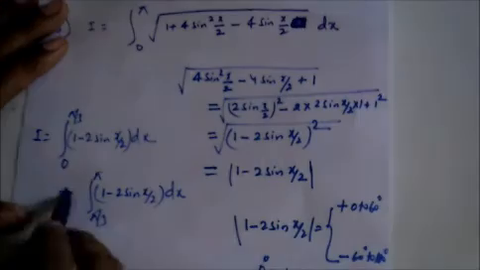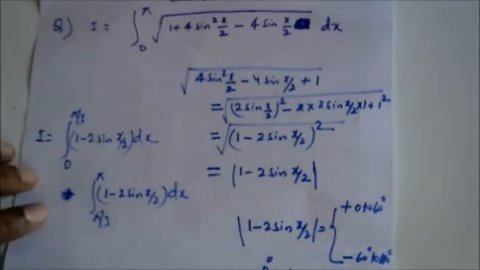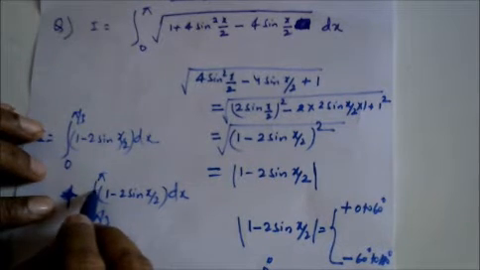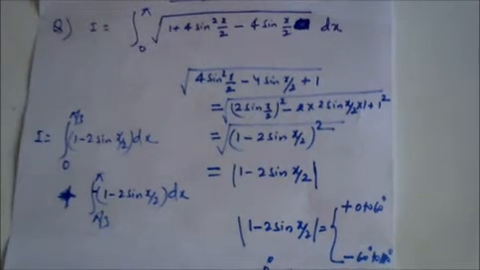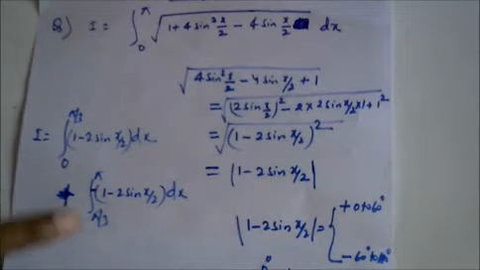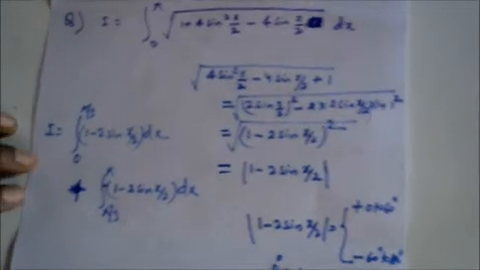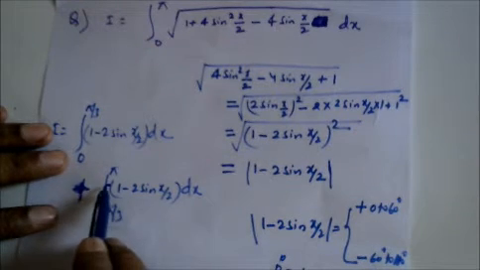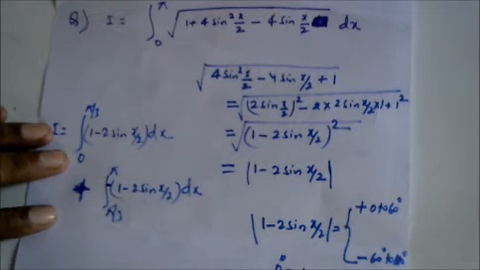Sorry, here it will not be plus. So here we can write as plus, no problem. But here it will become minus because it is negative value. Later on I will make it as negative only. Okay, here we can write as plus. Okay, 0 to pi by 3 and from pi by 3 to pi. But this value is negative.